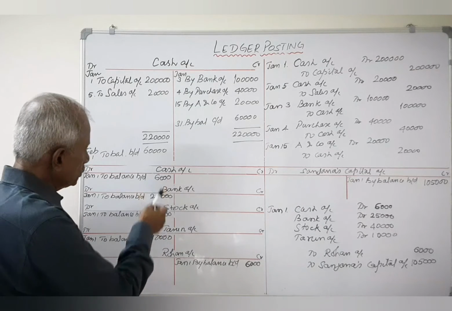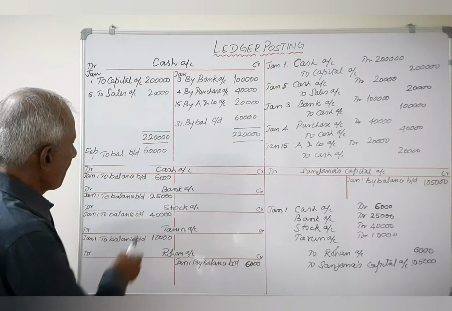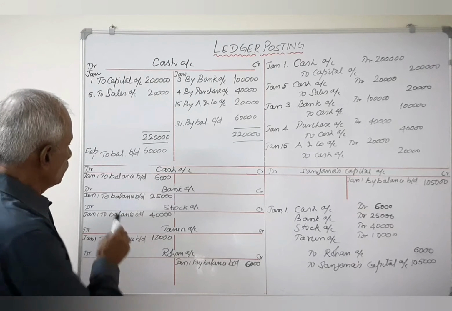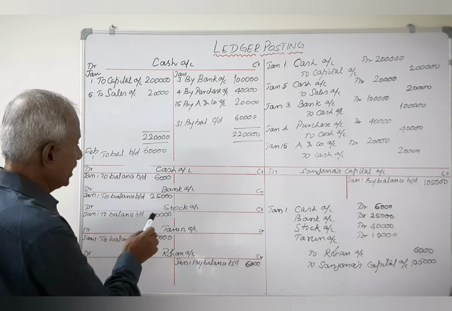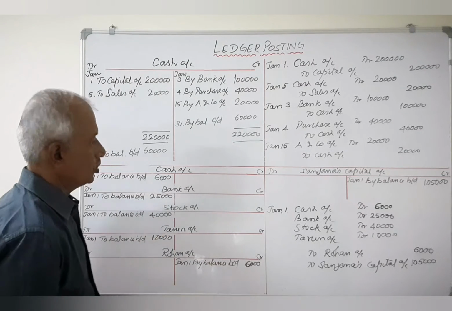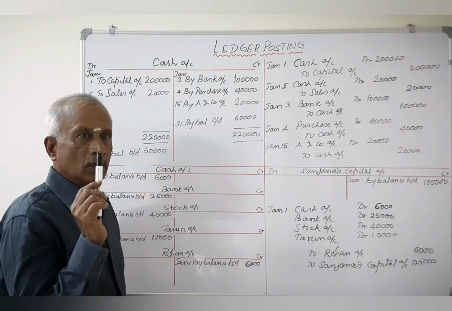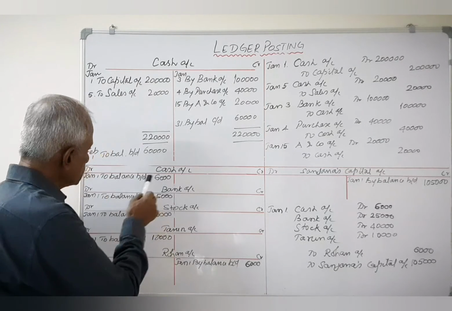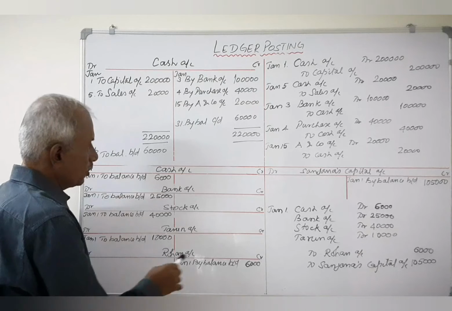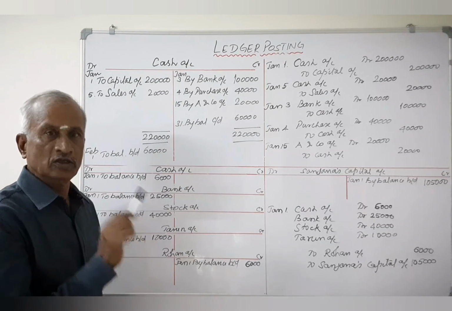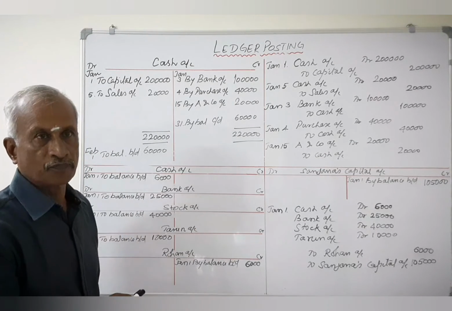Now with regard to these ledgers, it is recorded as to balance brought down, to balance brought down, to balance brought down, and by balance brought down. If you come across balance brought down in ledgers, it is nothing but opening journal entry posted here.